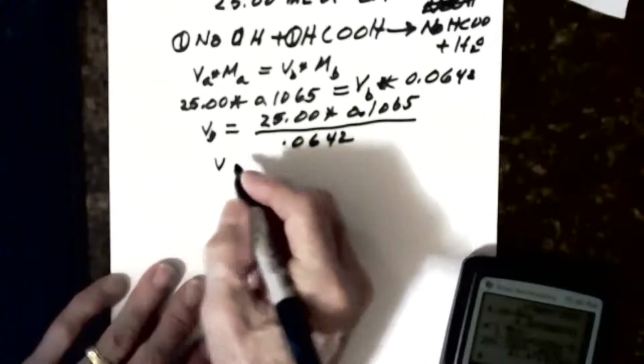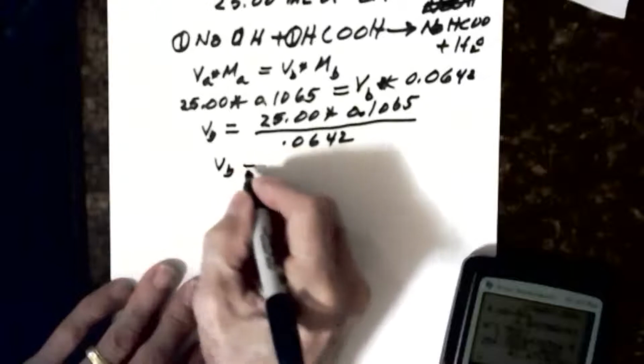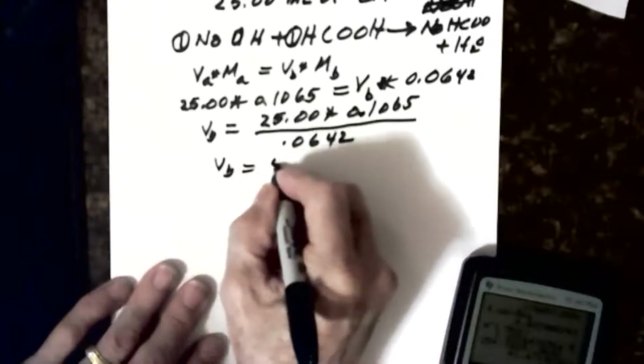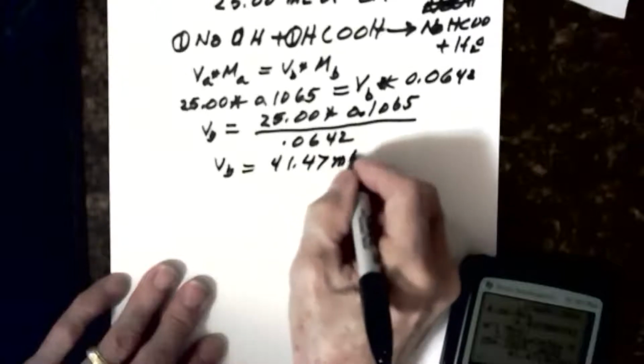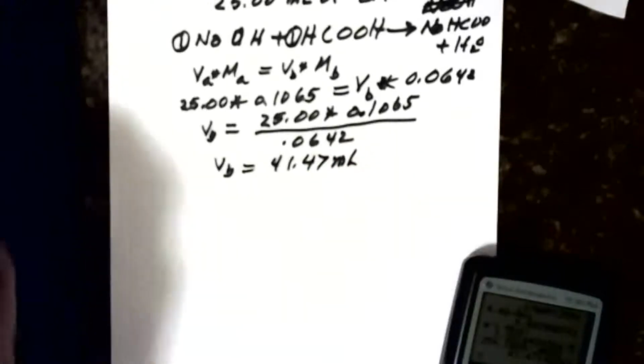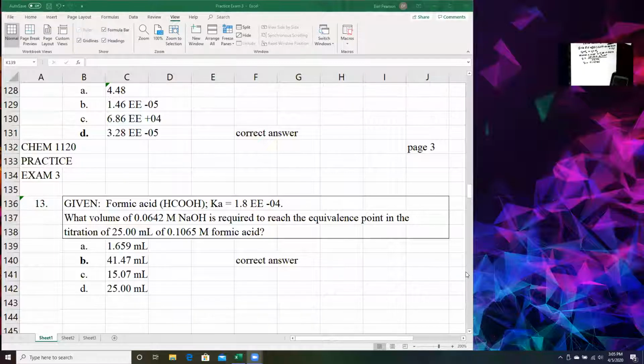So the volume of the base to reach the equivalence point is 41.47 milliliters. And let's go back and look at our exam again and see if that isn't the correct answer. Yeah, there we go. That's response B.